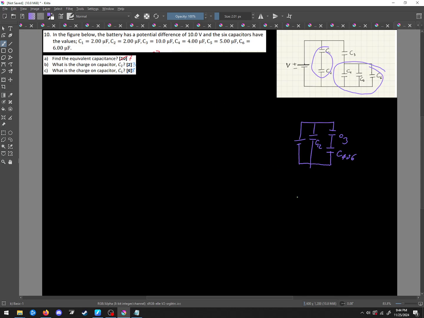From here, we can combine them further and say this is C1,2, this is C3,4,5,6. And then we can finally get to our final C1,2,3,4,5,6 equivalent capacitor. Then we have the plus and the minus, and the voltage is 10 volts. And we can just work all the way backwards from here.